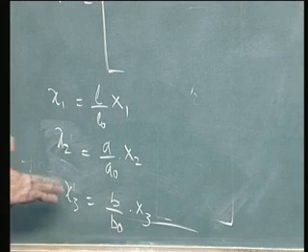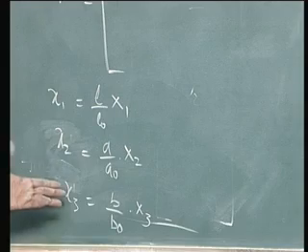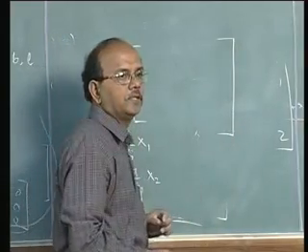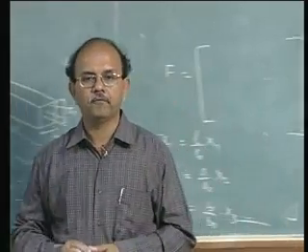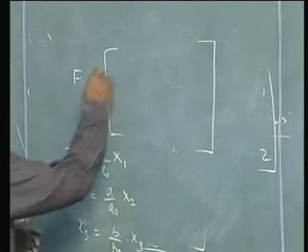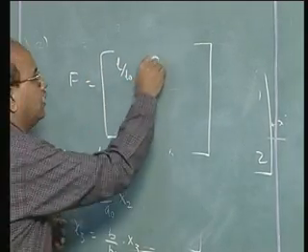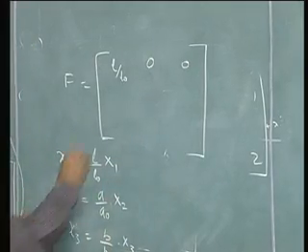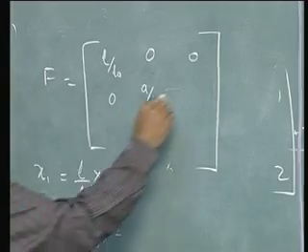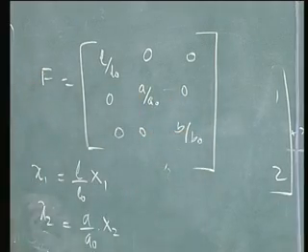Linear interpolation between one end to the other end. That is all. So now write down F. That is straightforward. Dou x1 by dou capital X1, that is L by L naught. There are no other terms there. So all these terms become 0, 0, A by A naught, 0, 0, 0, b by b naught.